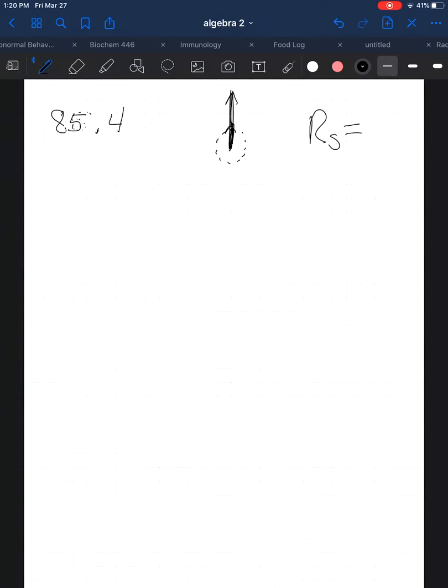Remember, on a clock, if this is 12 and this is 1, there's 1, 2, 3, 4, 5 in between, right? So it would cover 5 spaces in 60 minutes, or it is 1 over 12.